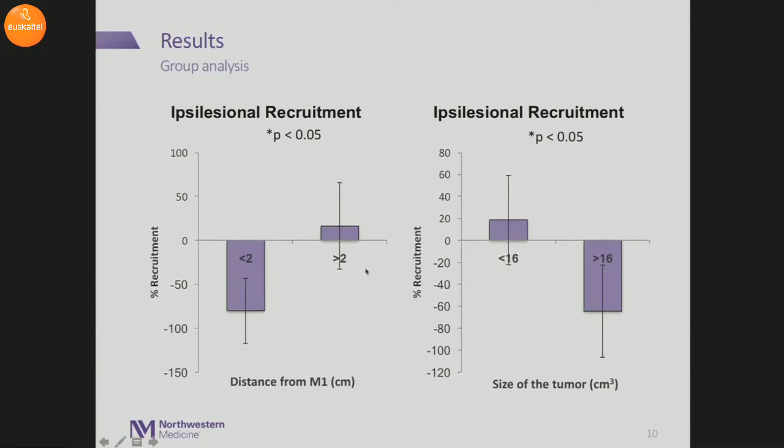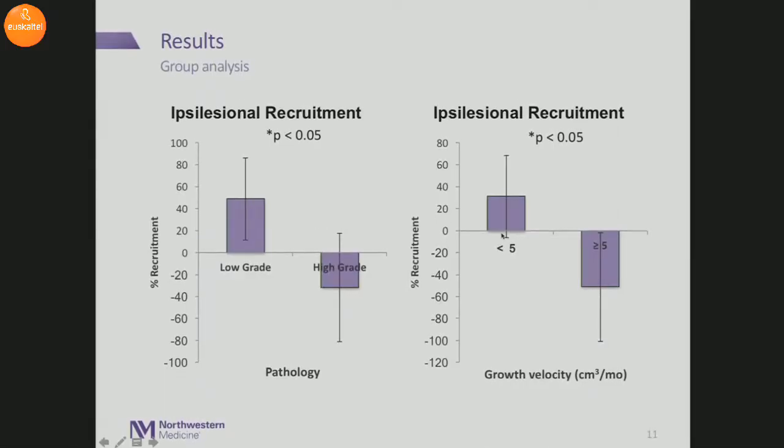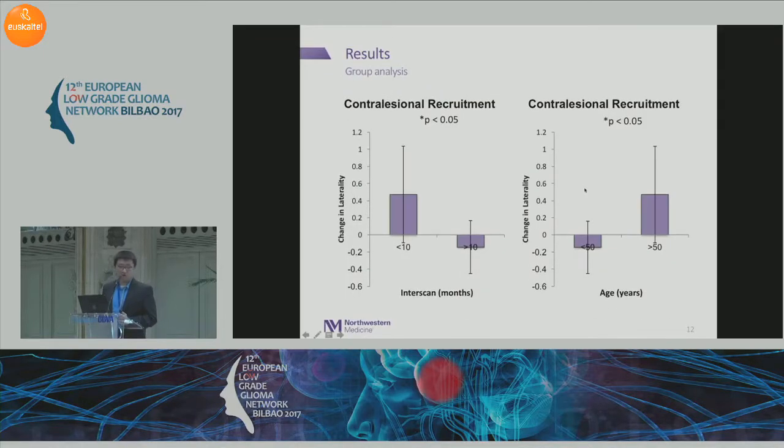So certain factors that were significantly associated with ipsi-lesional recruitment were things such as distance from the motor cortex greater than 2 centimeters, things such as a smaller sized tumor, less than 16 centimeters cubed, low-grade pathology, and slower growing tumors. Conversely, we also found significant results for contra-lesional recruitment.